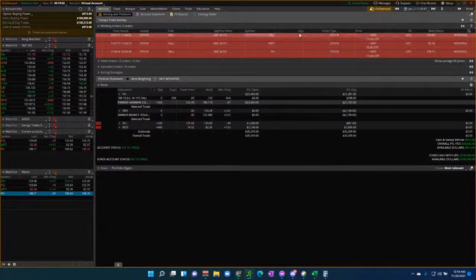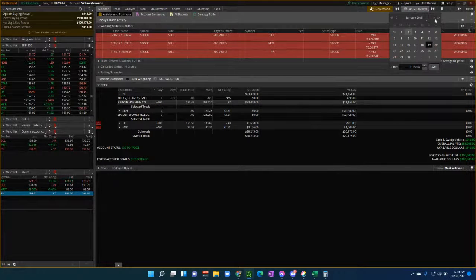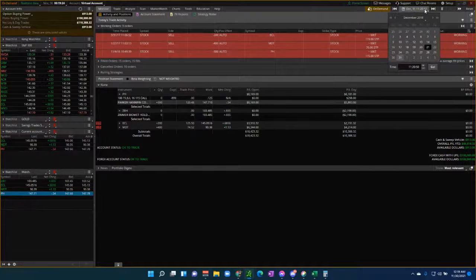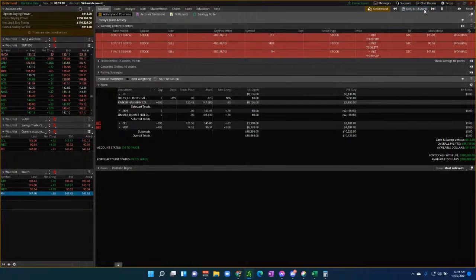So we're up 20 grand. At the end of 2018, December 31st, the last trading day of December, we're sitting at 10.